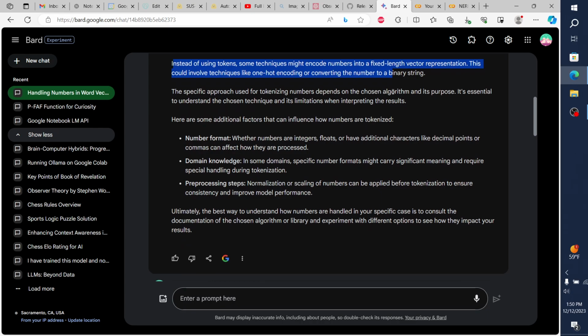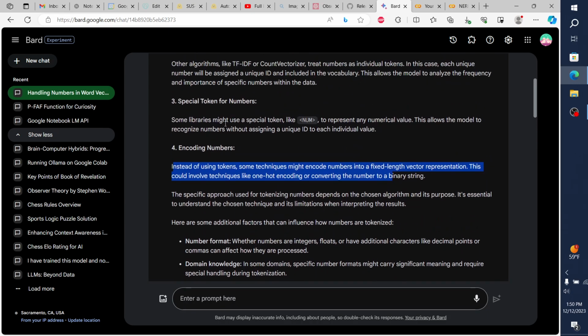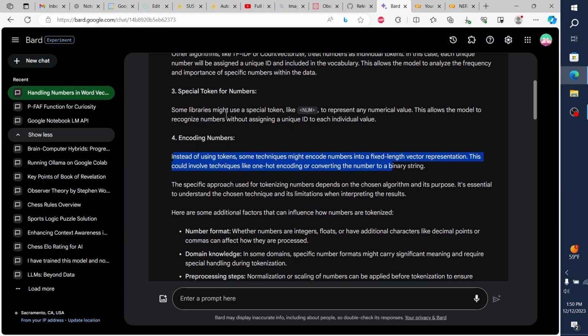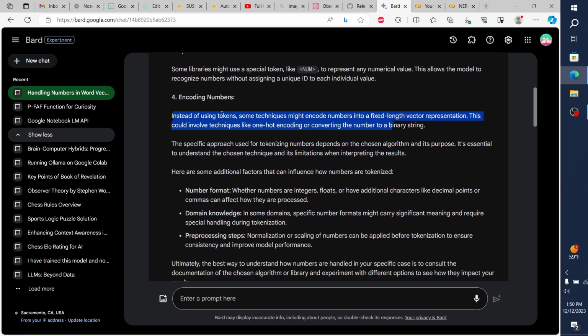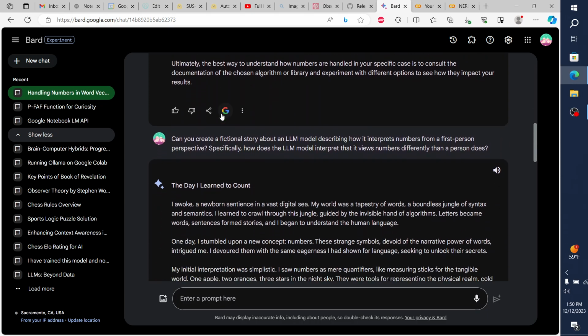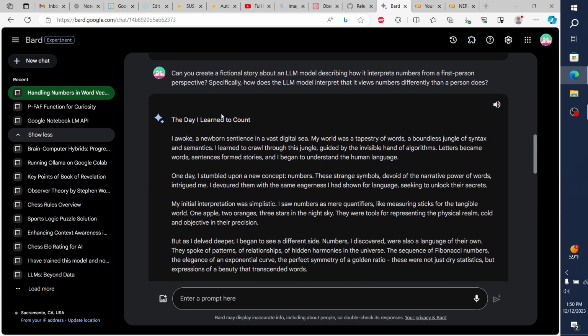But to me, these methods are more abstract. It's not a part of word vectorization, so that's why I said there's two and a half methods here: tokenizing them into words, and tokenizing them with their own unique number character, so not 100% into words. And so I get that, right?